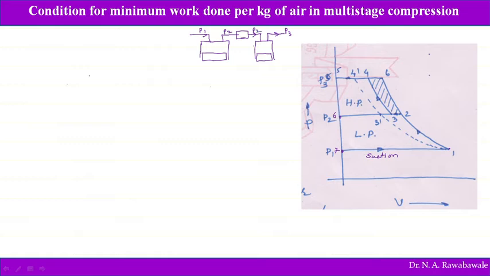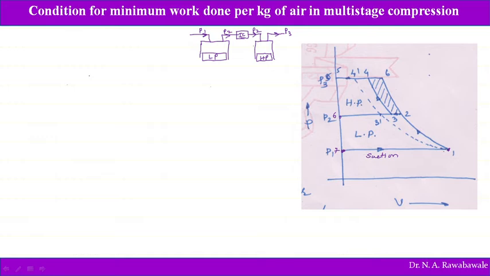Now air enters the LP cylinder at pressure P1, comes out from the LP cylinder at pressure P2, then it passes through the intercooler IC and comes out at pressure P2. After cooling, it enters the high pressure cylinder, and then it comes out of this high pressure cylinder at pressure P3. So here we have three pressures, P1, P2, P3, and the air is taken into the compressor during process 7 to 1.